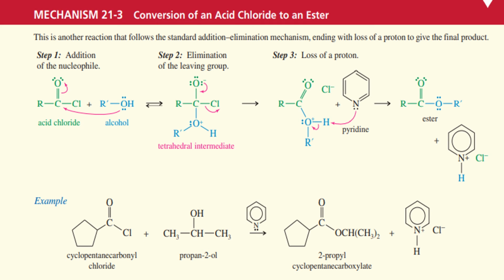This is another reaction that follows the standard addition-elimination mechanism, ending with the loss of a proton to give the final product. An example of conversion of an acid chloride to an ester: cyclopentane carbonyl chloride will react with propan-2-ol to give 2-propyl cyclopentane carboxylate.